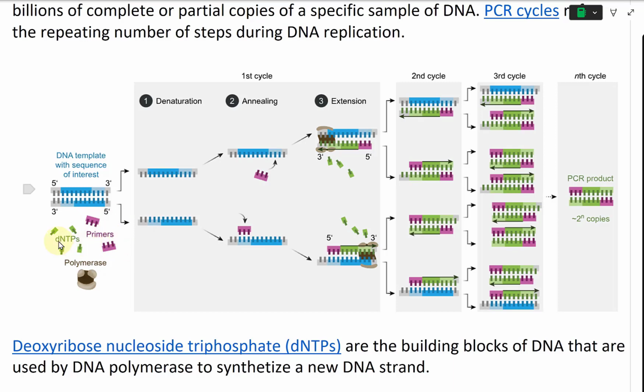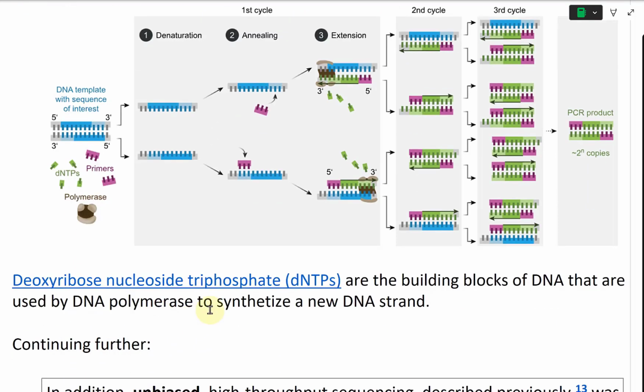Then there are dNTPs, deoxyribose nucleoside triphosphates, which are the building blocks of DNA that are used by DNA polymerase enzymes to synthesize a new DNA strand. You have a whole bunch of these compounds, and you have the polymerase, which is the enzyme that builds those up and makes the DNA. You have these primers, or starting sequences, and so on.